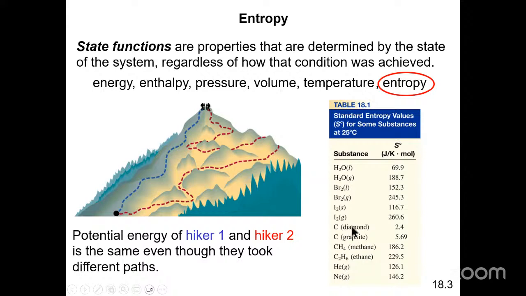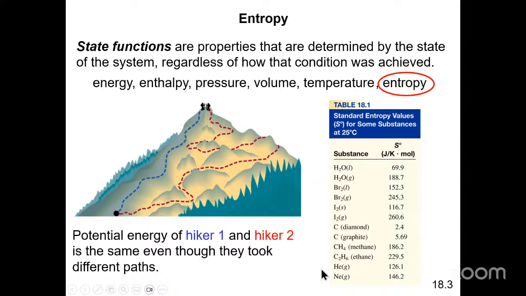Now, graphite and diamond are two forms of carbon. They're both solids, so at your level you should be able to determine which one has a higher entropy value. It turns out that graphite has a higher value compared to diamond.